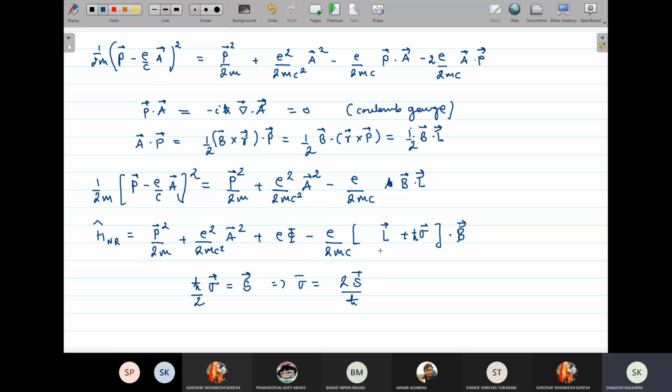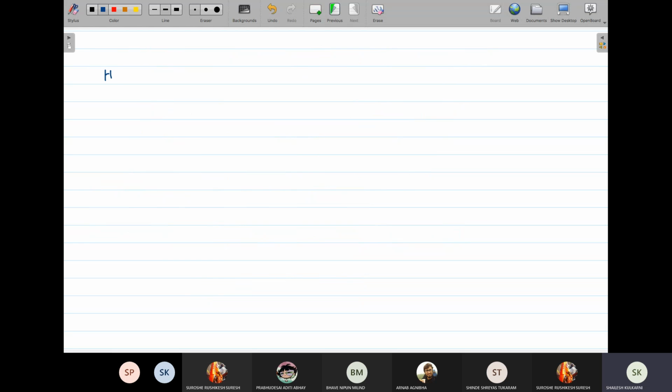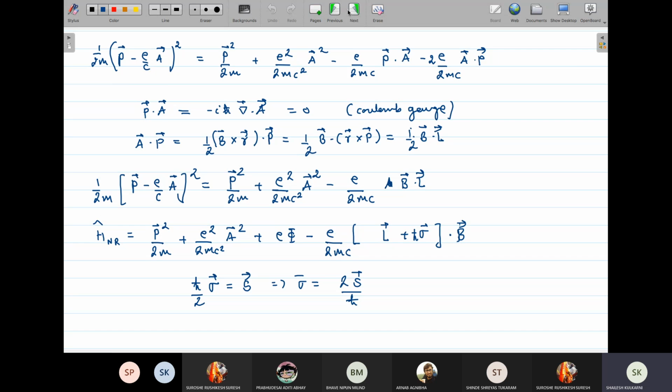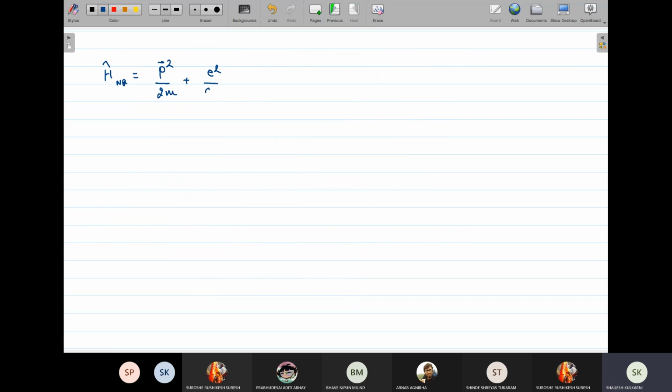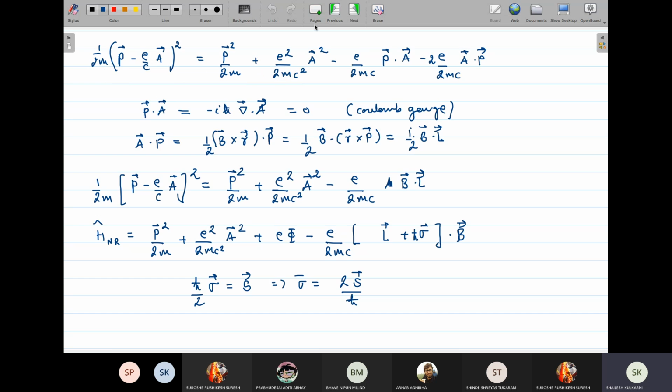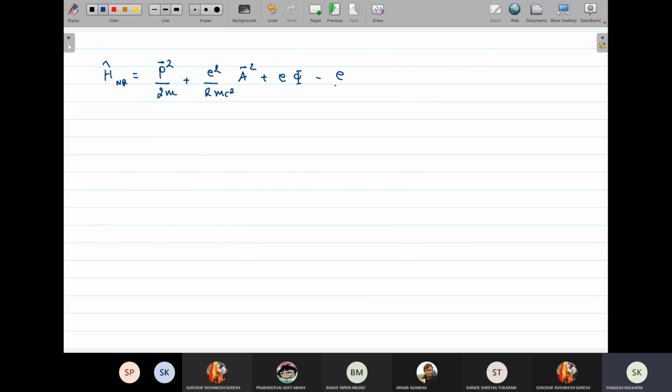Okay, so the entire non-relativistic Hamiltonian will be P square divided by 2m, plus e square divided by 2mc square A square, plus e phi, minus e divided by 2mc, L plus 2S, dot B. Now, can you tell me what is this term?